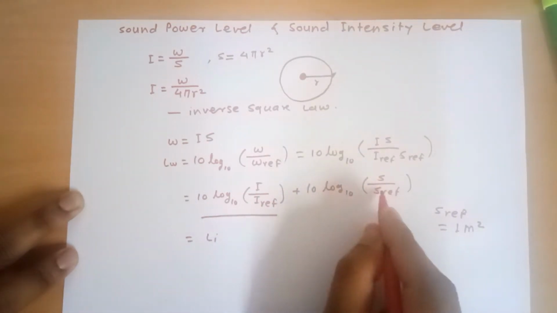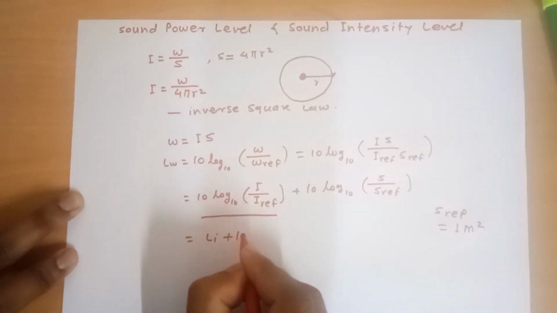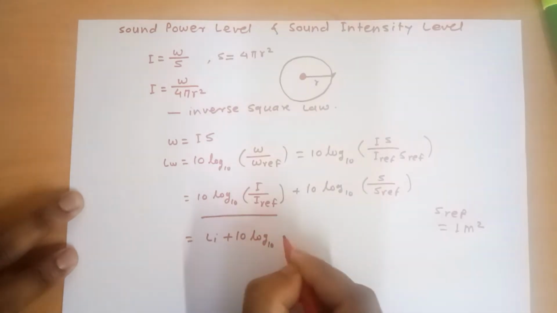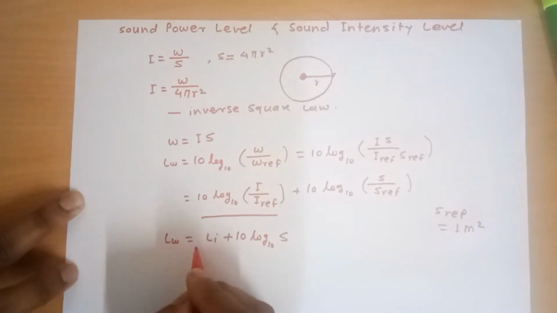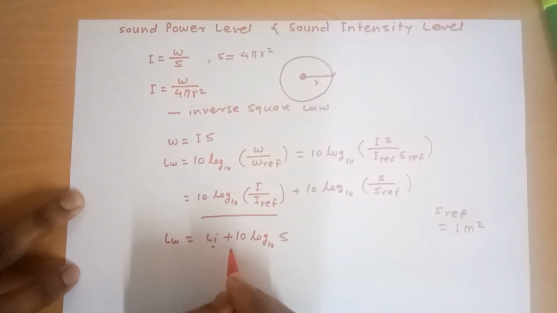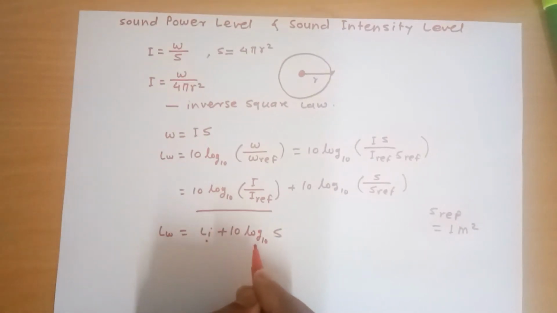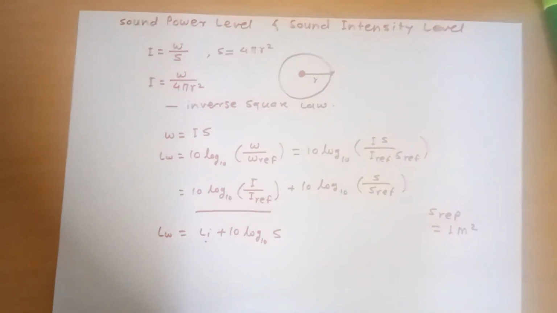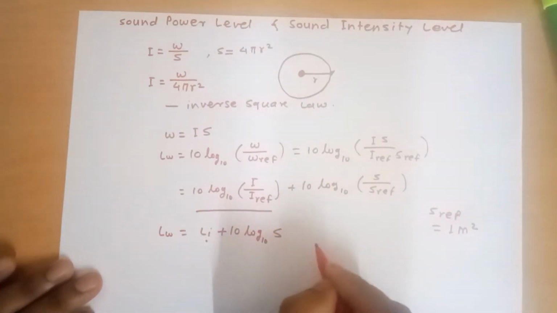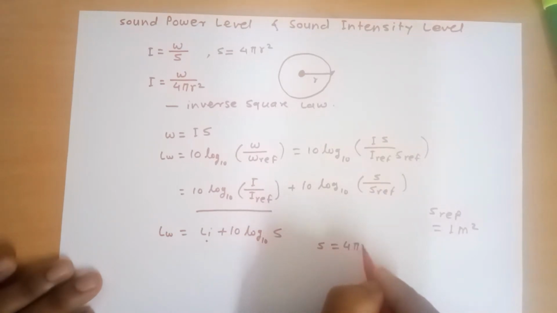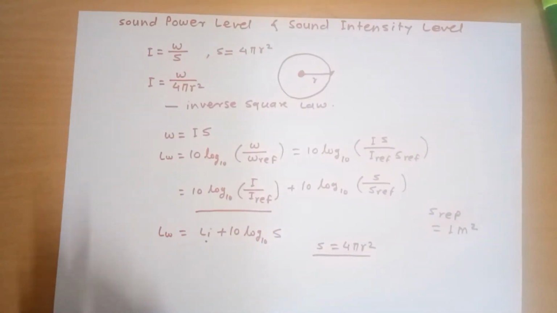So when we put this 1 meter square, the remaining is 10 log to the base 10 of S. So the sound power level is equal to sound intensity level plus 10 times log of S, where this S is nothing but 4 pi r square, and r we have to consider as the distance from the source of sound.